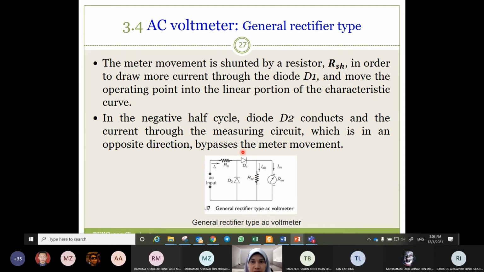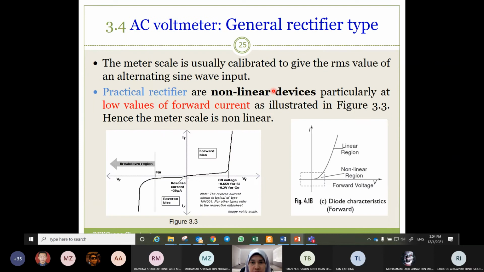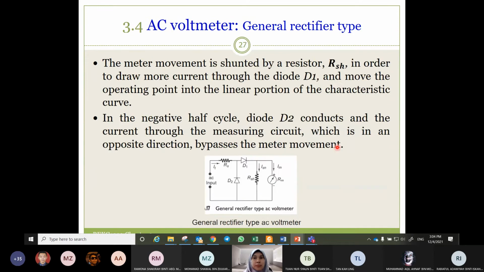So that's why, in order to draw more current through the diode D1, more current here, and move the operating point into the linear portion. When the current becomes higher, we can move to the linear portion. This is a low current, here non-linear region. When current becomes higher, it is in linear region.